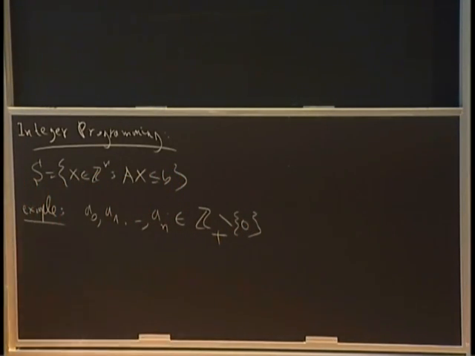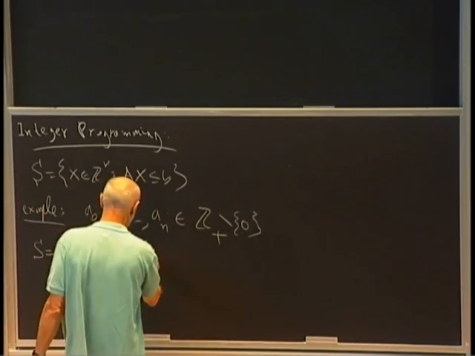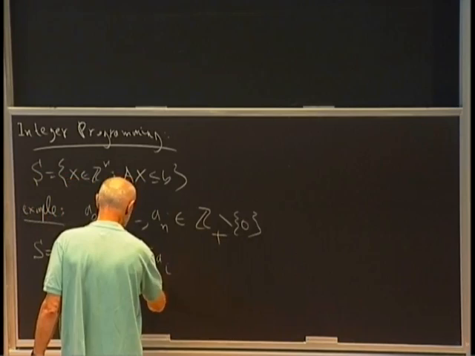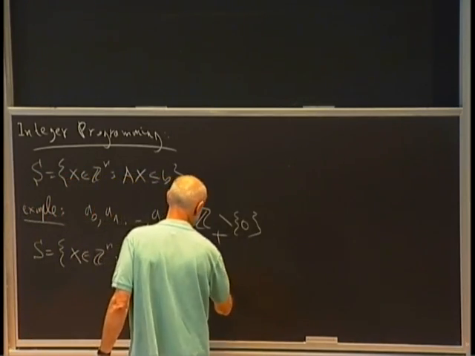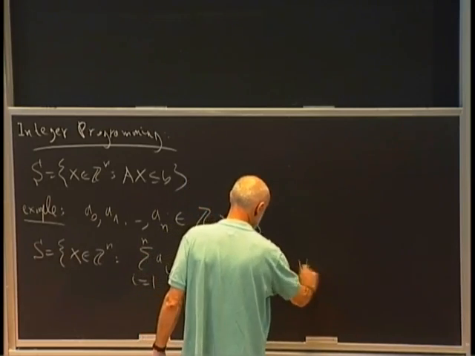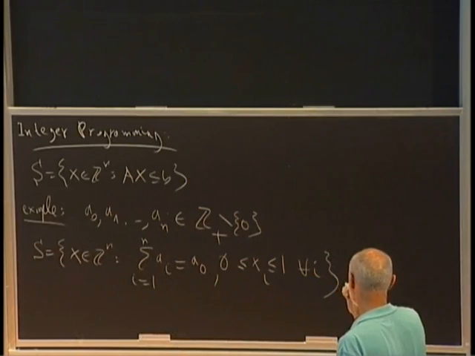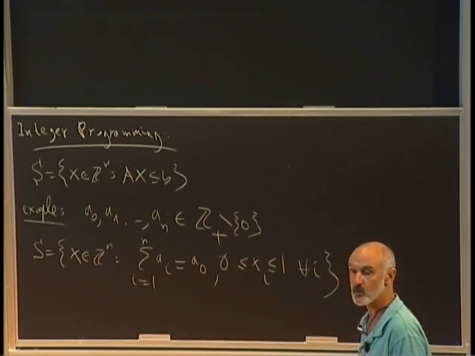So here is an example: S equals the set of x in Z^n such that the sum of a_i x_i equals a0. This is a simple example of an integer program.